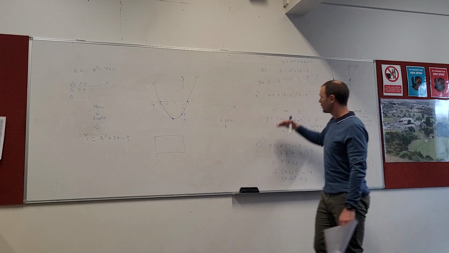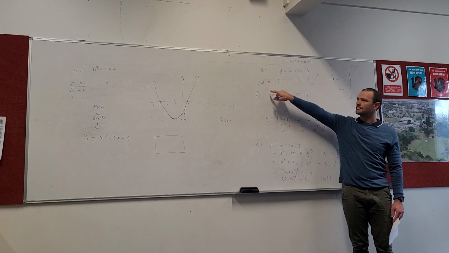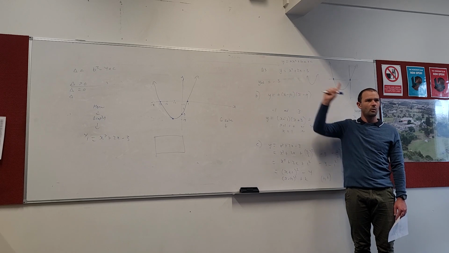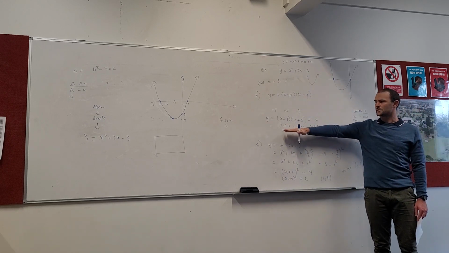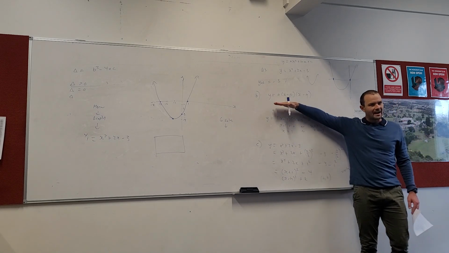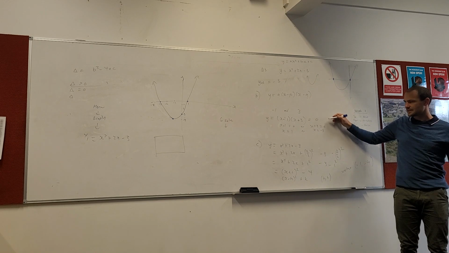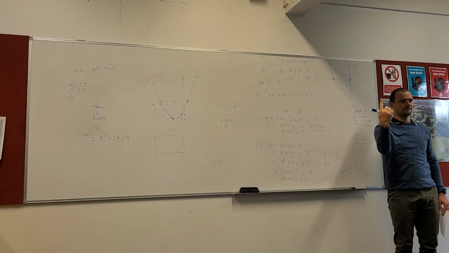So let's go through what parts we need. To get the y-intercept, G-Solve, y-intercept. That's worth 1 mark. I don't care if you use your calculator to get it. You get 1 mark for stating the y-intercept. Roots: it does say factorize it and state the roots. If you can't factorize it, doesn't matter, you can state the roots and you get a mark for that.